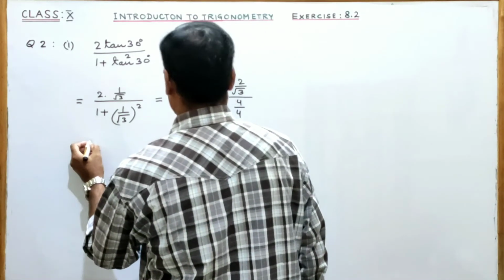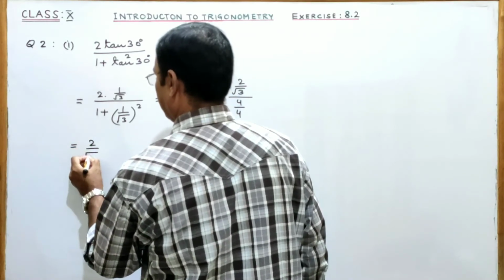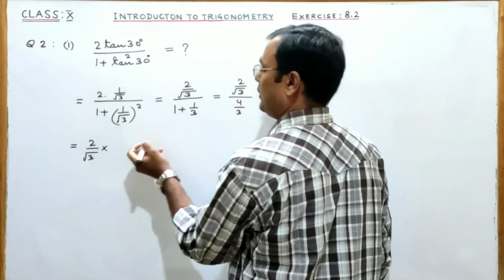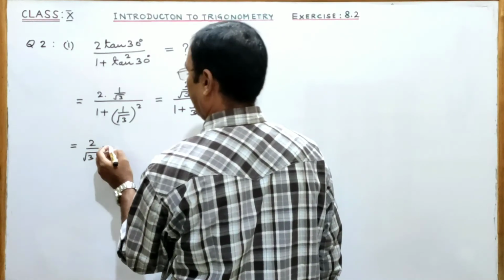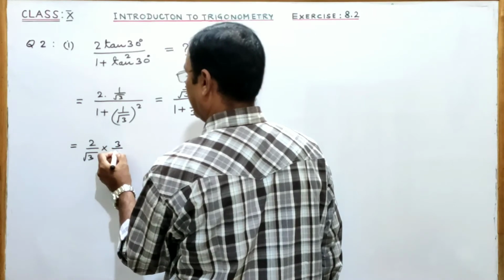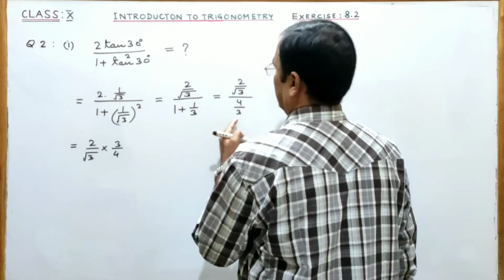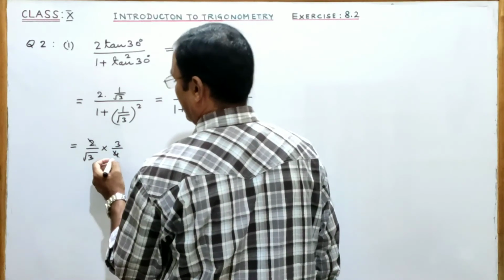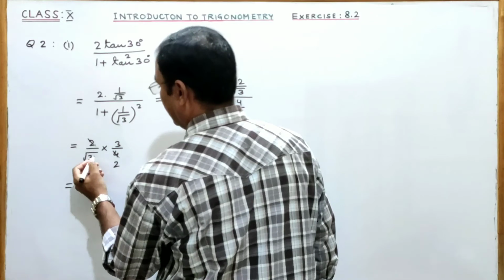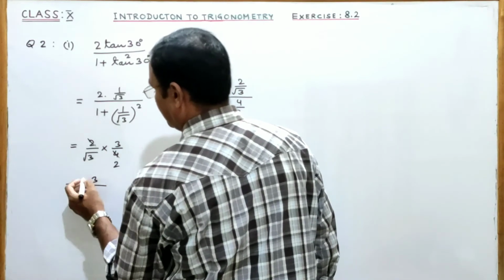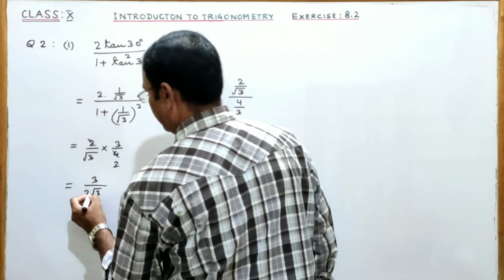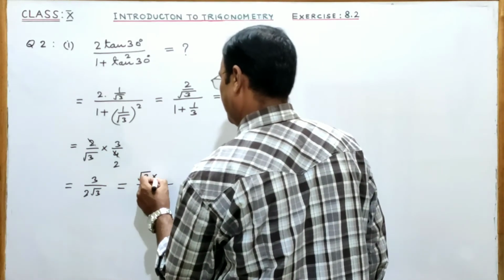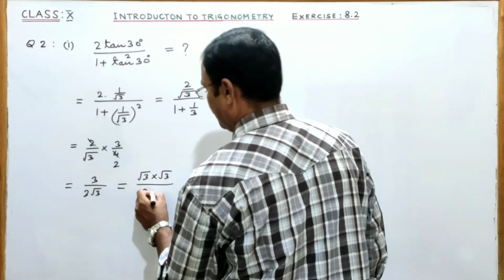This is equal to 2 by root 3 into this 4 by 3, will be multiplying 2 by root 3 like this, 3 by 4. 2 times 4 and we will get 3 by 2 into root 3, 2 root 3, and this is equal to root 3 into root 3 by 2 root 3.